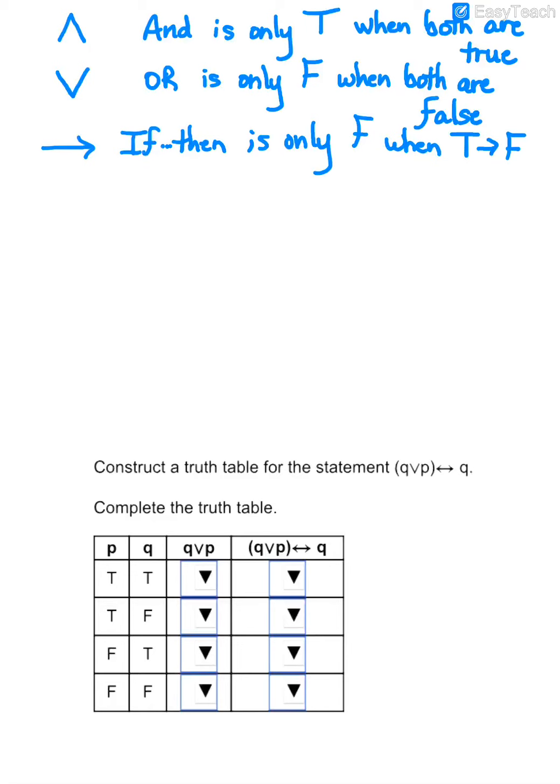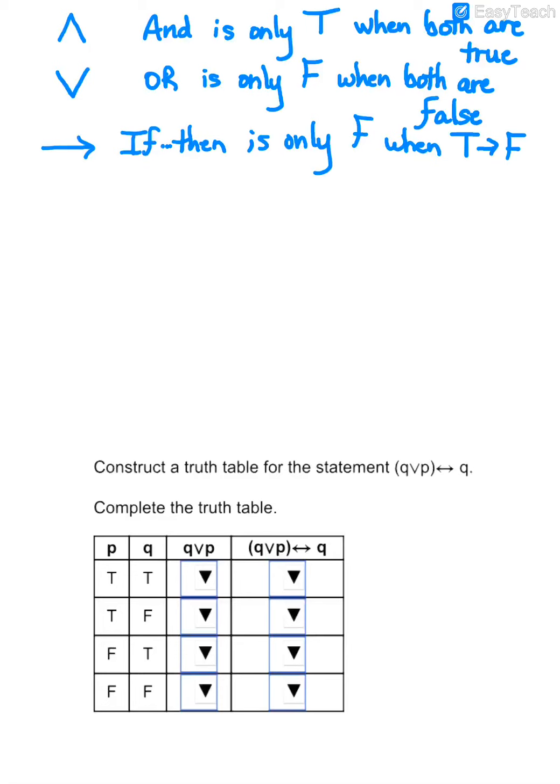An example of this would be, let's say that I won the lottery. That's my true statement. And then I go to collect my winnings and they don't pay me. That would be my false statement. So in that case, I won, but then they didn't pay me. So that's when it is false. It is only when you have a true then false.